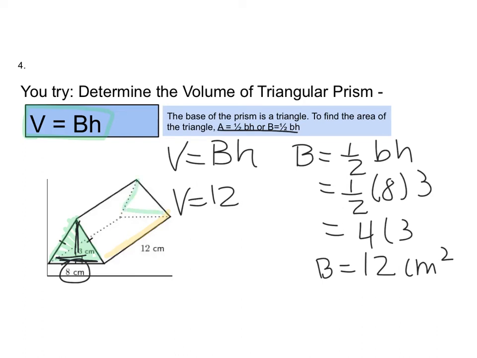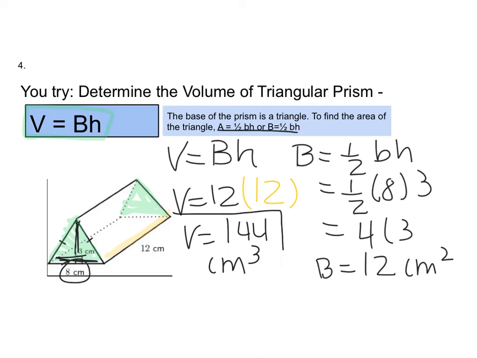Here was the second base. So the distance between these two bases is 12. 12 times 12 is 144. And since this is volume, that would be centimeters cubed, or cubic centimeters.